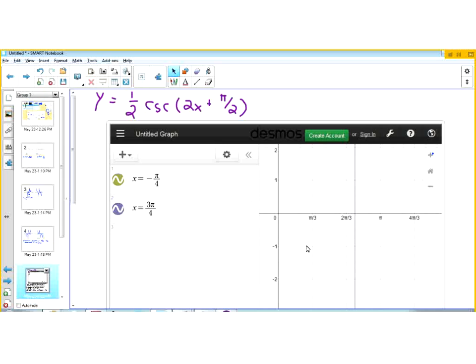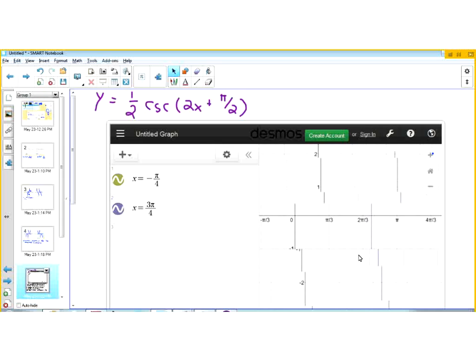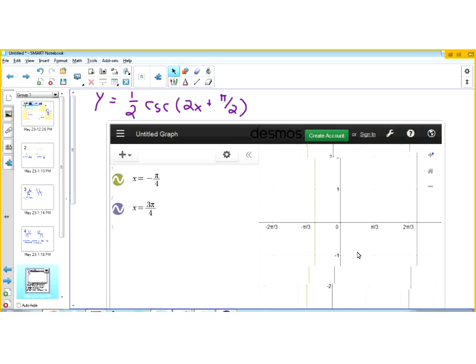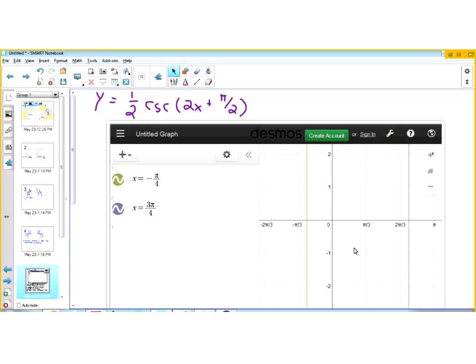I have to find the midpoint of the interval. So it would be pi halves away starting at negative pi fourths.